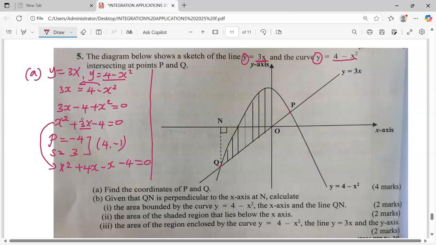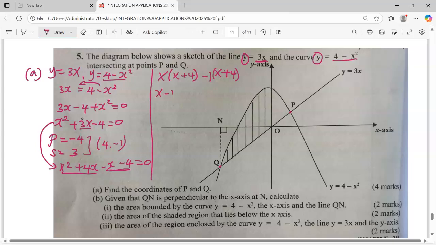From here, we know we can factorize the two in pairs. Between x squared and 4x, we have x common into x plus 4. The other pair will be x plus 4. Then negative 1 is common.